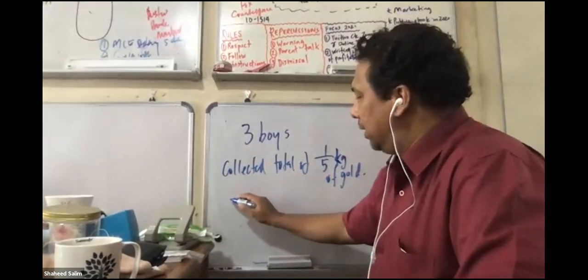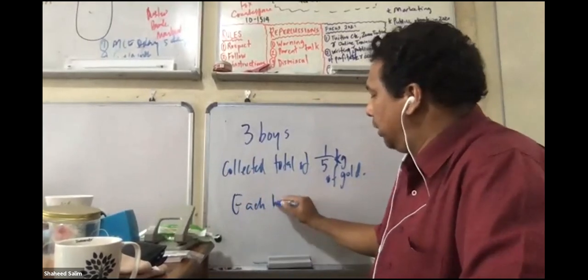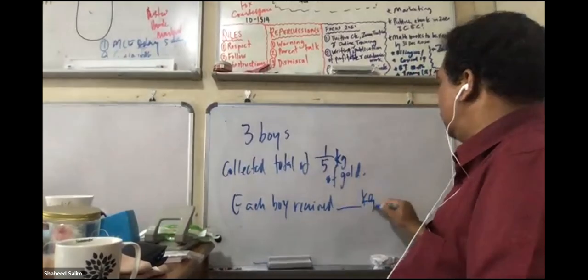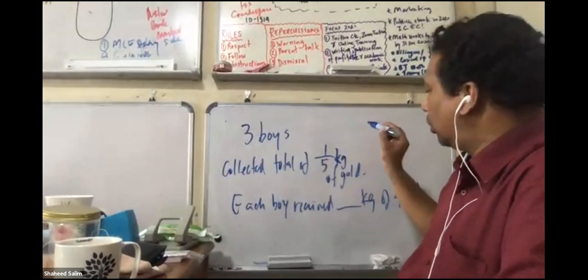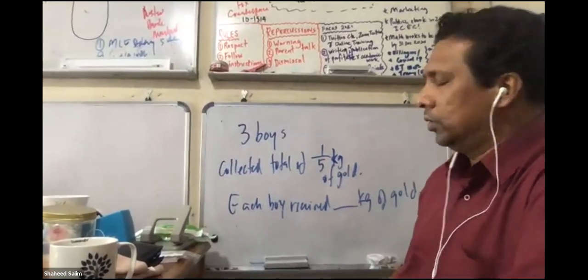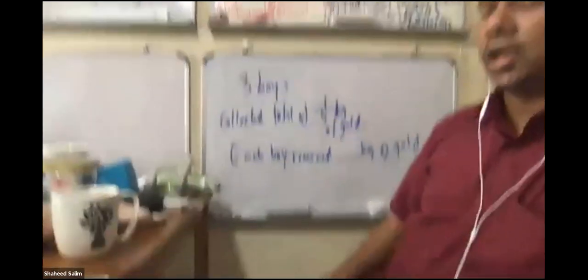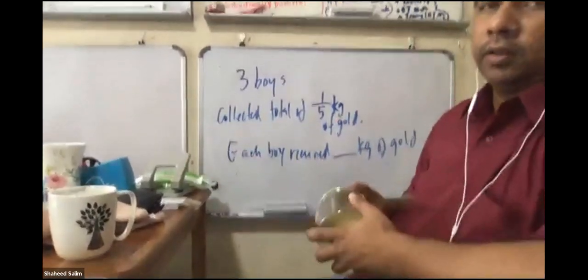They shared it equally. Each boy received how many kg of gold? I repeat, 3 boys, they collected a total of 1/5 kg of gold. So each boy will receive how many kg of gold if they share equally?